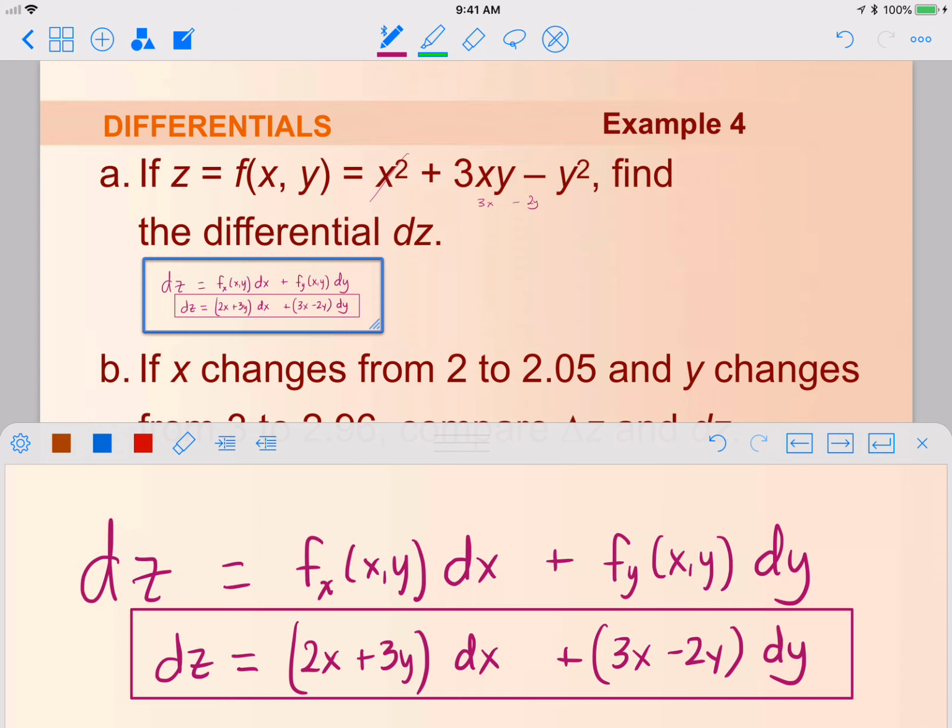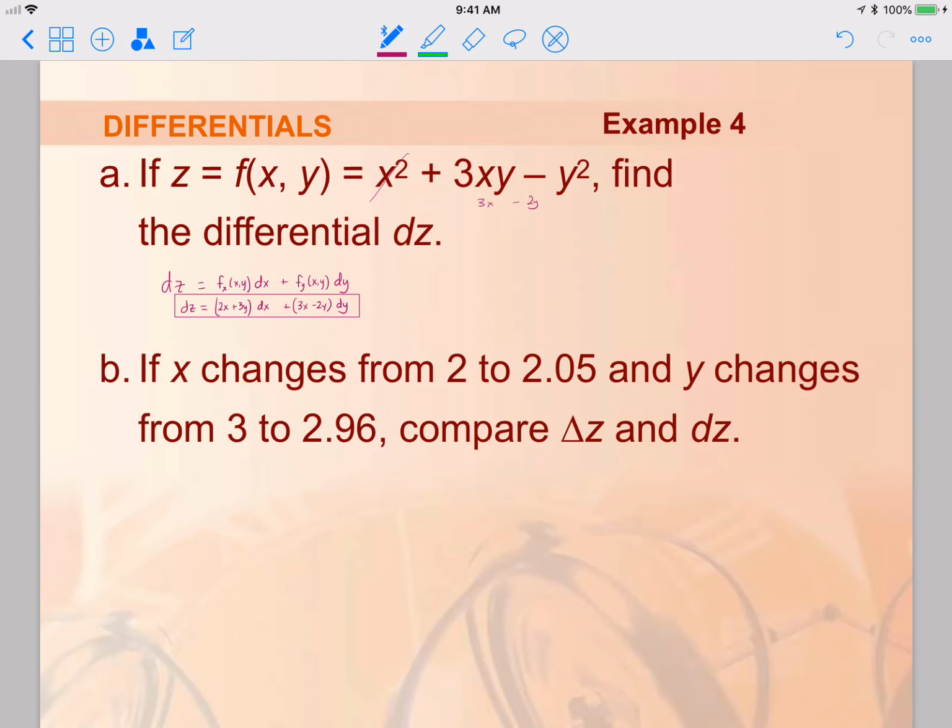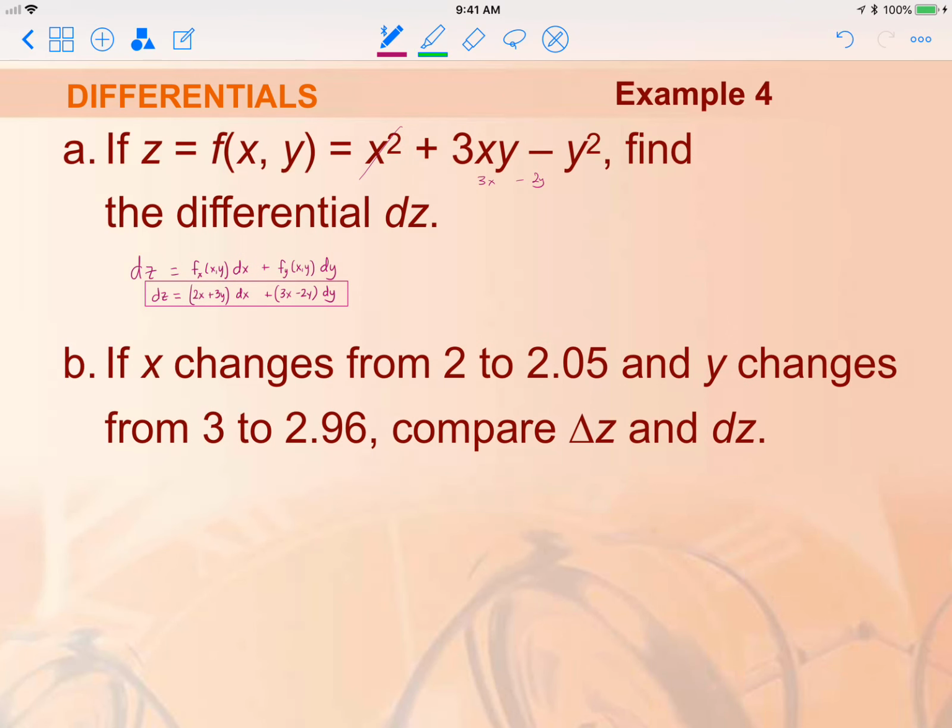All of that is equal to dz. Okay, now let's answer part B. If x changes from 2 to 2.05 and y changes from 3 to 2.96, compare the increment in z with the differential. Okay, so now here's the deal.